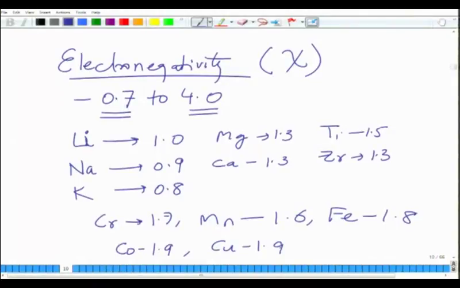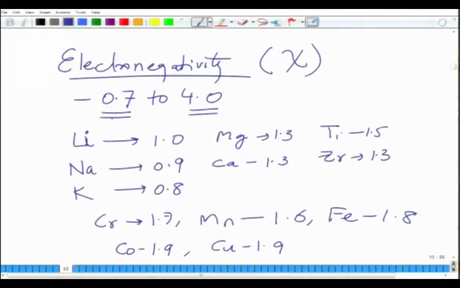You can see that most of these elements have electronegativity on the lower side, starting from lithium at 1 and going up to about 2 for most metals. So they are strongly or moderately electropositive.